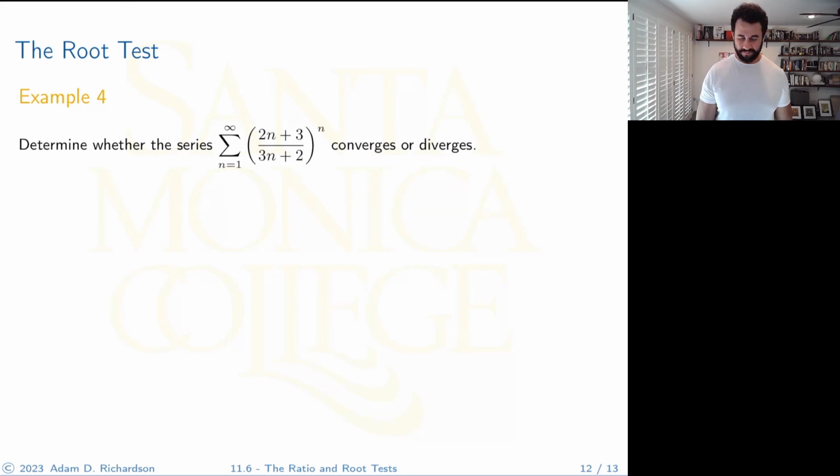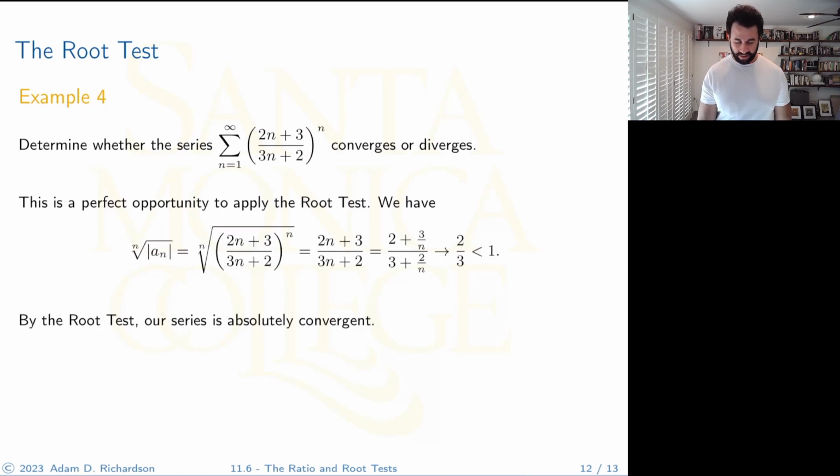All right, let's do it together. First thing to notice about this series is that the summand is raised to an exponent. Perfect time to use the root test, because the moment we use the root test, this exponent is going to get wiped out, and then we're just looking at the rest of the stuff. So we take the nth root of the absolute value of a sub n. a sub n is this whole thing, but all the terms are positive here, because this is positive and n is positive.